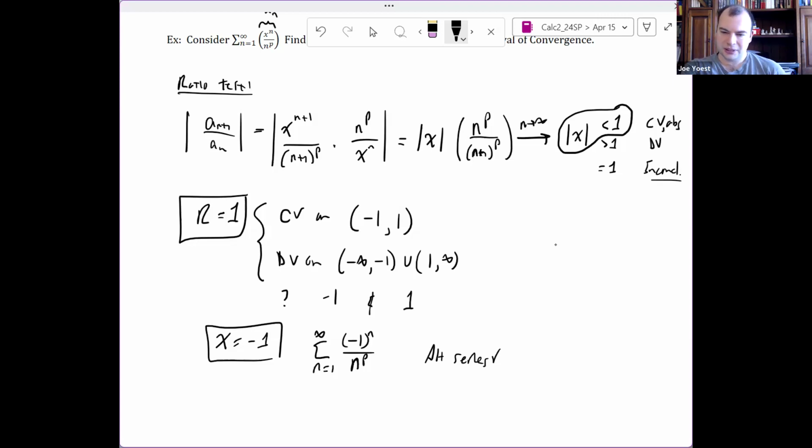For an alternating series, if my terms are non-increasing and go to 0, then I converge. So 1 over n to the p is non-increasing and has limit 0. When does that happen? When p is bigger than 0.